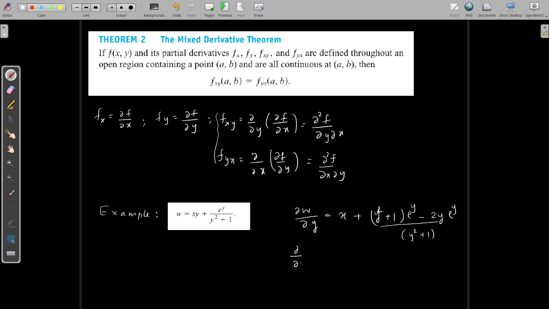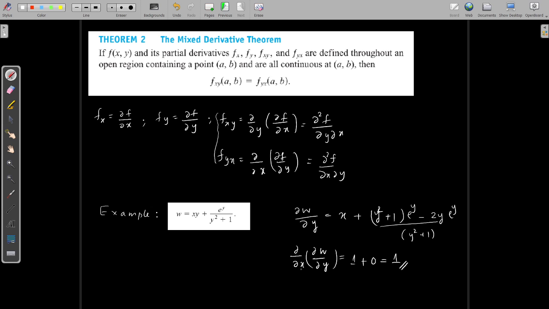Then find the derivative of this dw by dy with respect to x. That will be 1, and for the next term there is no x in this expression, therefore the derivative with respect to x is 0. So that will be 1.